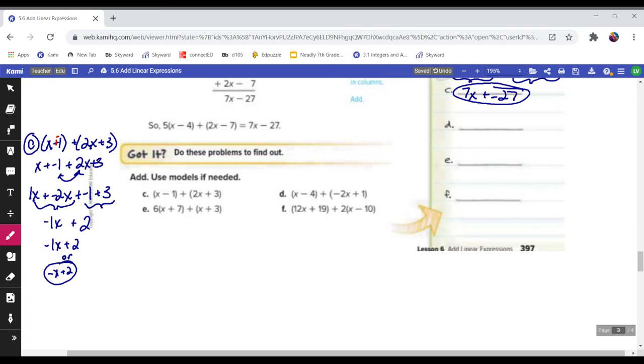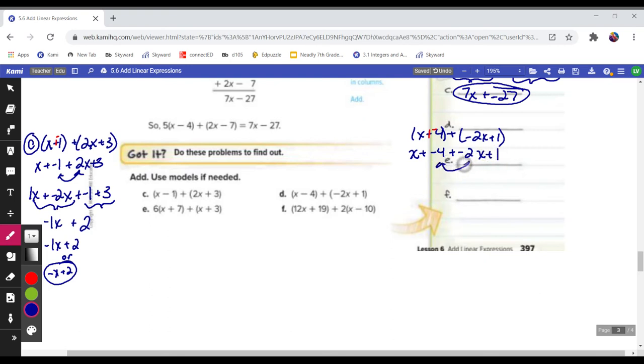Okay. For letter D, I'm going to show my work to the right. The quantity x minus 4 plus the quantity negative 2x plus 1. There is subtraction in the first expression, so I'm going to add and make that a negative 4. This becomes x plus negative 4 plus negative 2x plus 1. Commutative property of addition, I can switch the terms.